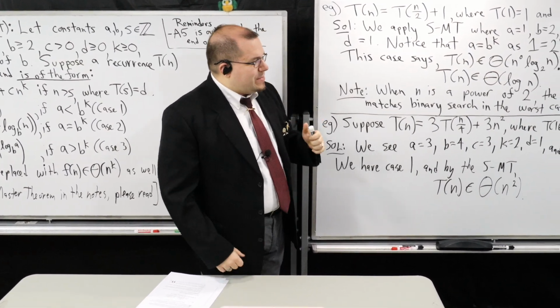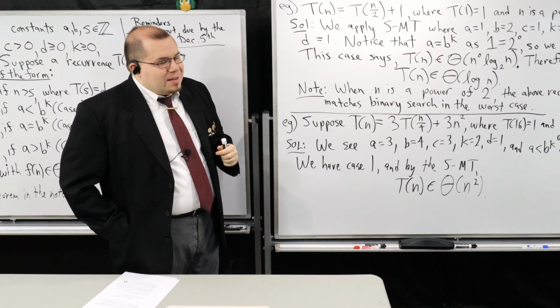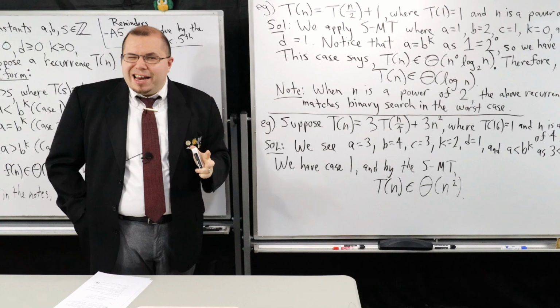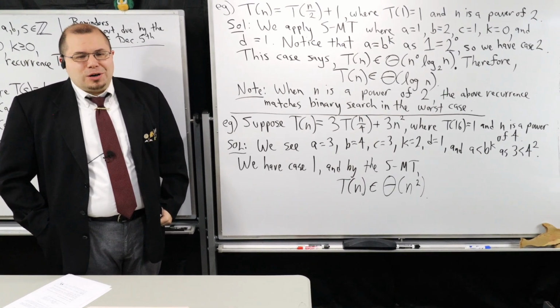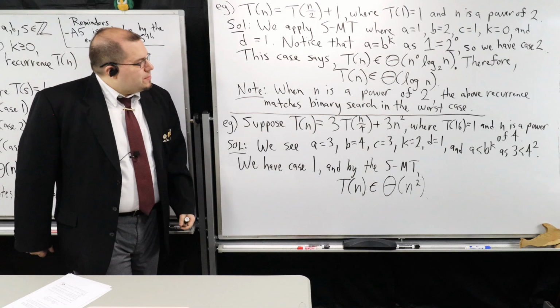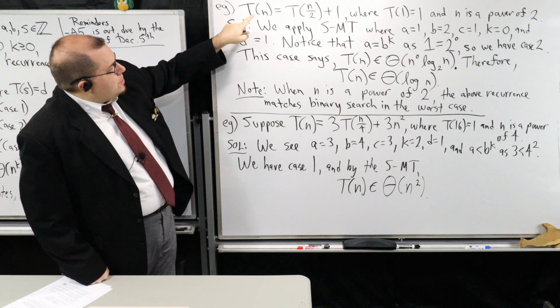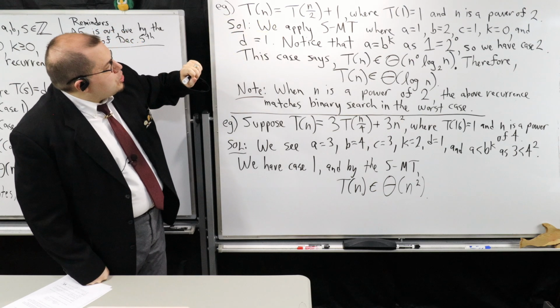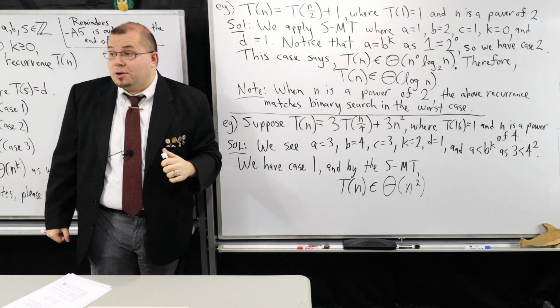I'm going to start off with something that looks rather cute, and it should remind you of something that you've seen before with another recursive algorithm. Suppose I give you a recurrence relation T of n equals T of n over 2 plus 1, where T of 1 is equal to 1 and n is a power of 2.